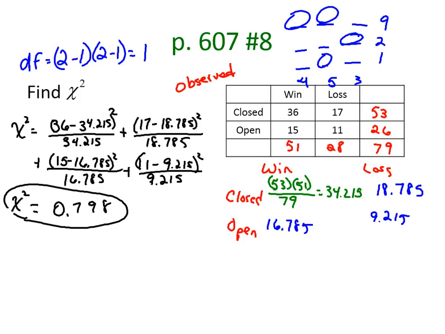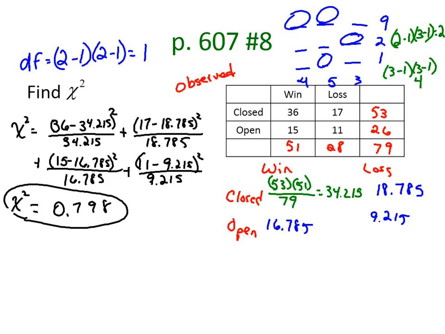When we had 2 rows but 3 columns, then I do the 2 minus 1 times the 3 minus 1. Well, 1 times 2 gave me 2 degrees of freedom, which was the second one we did. This current one we have 3 rows, 3 columns. 3 minus 1 times 3 minus 1, 2 times 2 gave me 4 degrees of freedom.